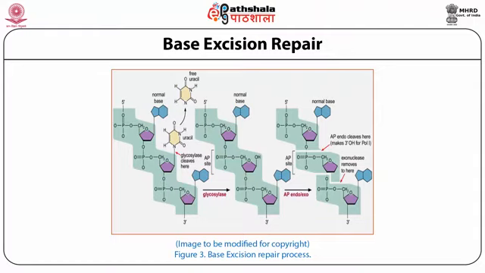DNA glycosylase cleaves the glycosidic bond linking deoxyribose to altered nucleotides, resulting in the generation of a deoxyribose residue without any attached base, which is called an apurinic or apyrimidinic site, or AP site, or abasic site. This situation can also occasionally be found after the spontaneous hydrolysis of glycosidic bonds.